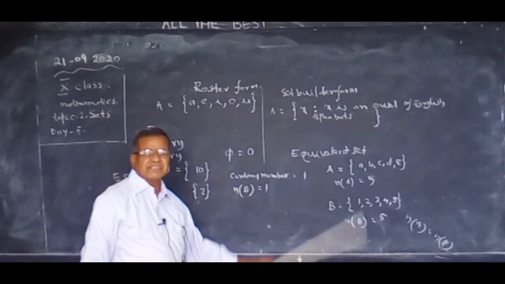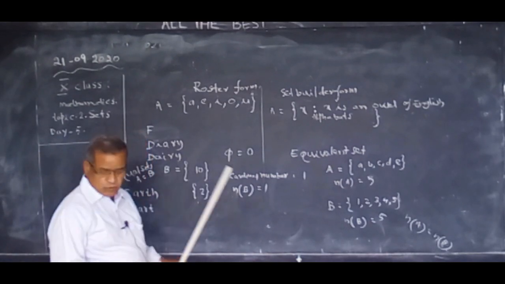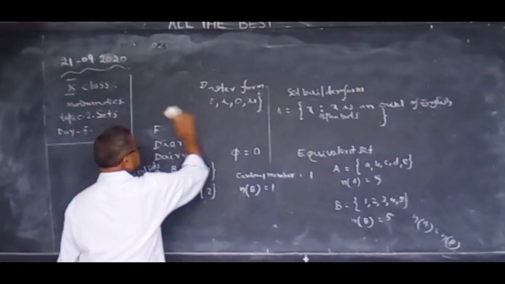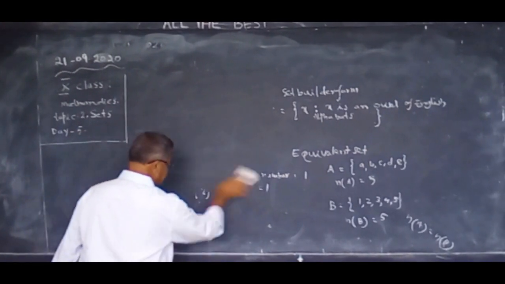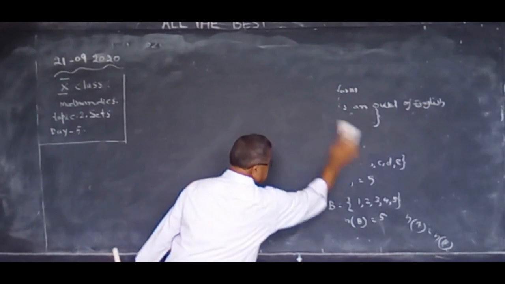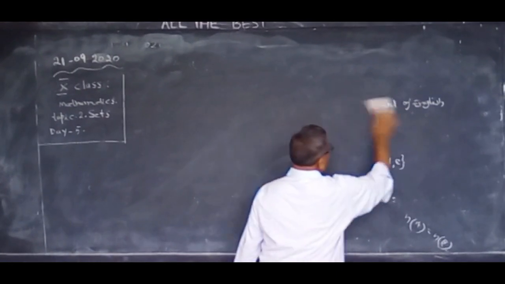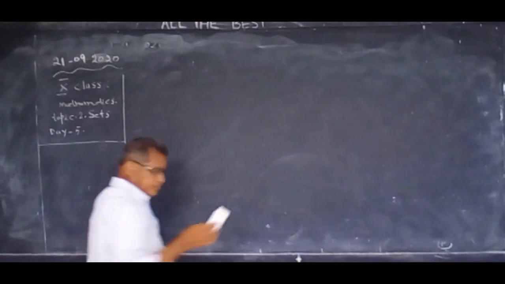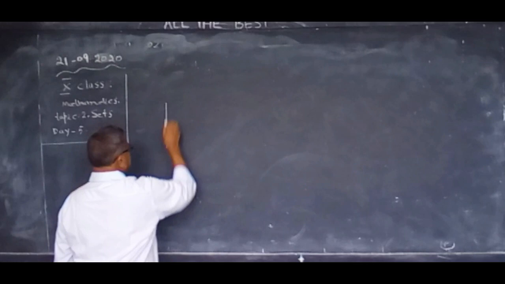Next, universal set. Universal set means the whole region, and we can express it with a rectangle. It contains all the elements. See, it is a rectangle.